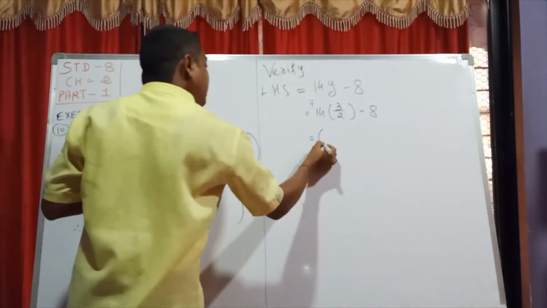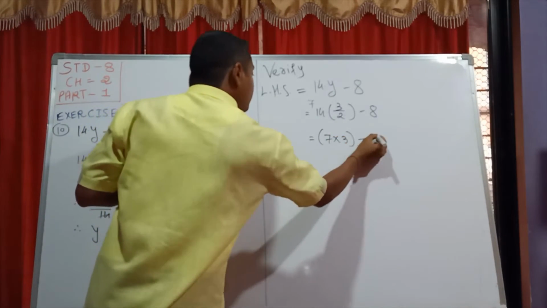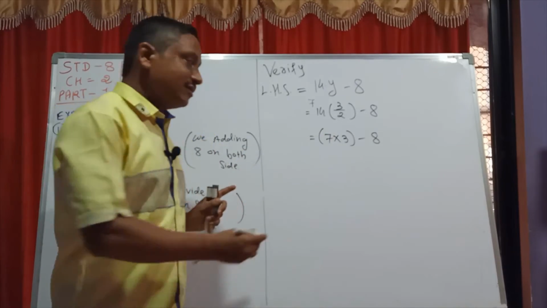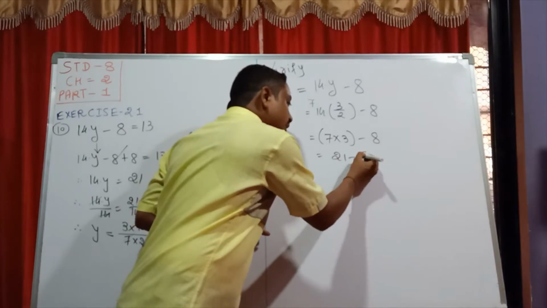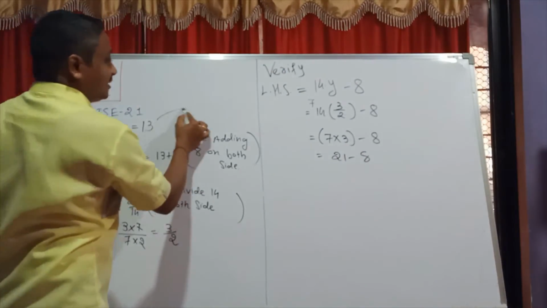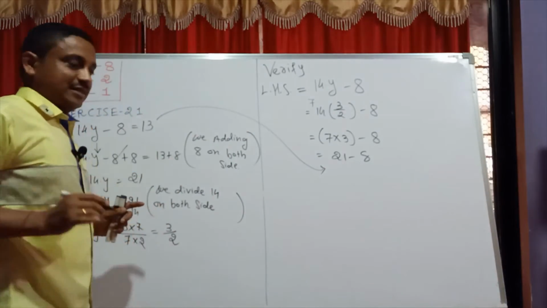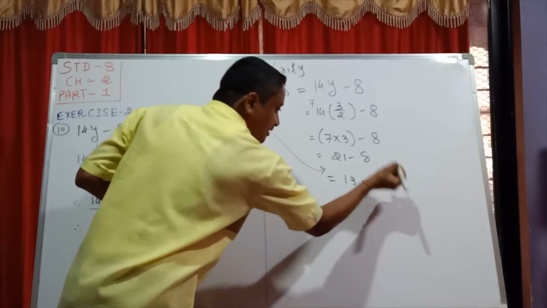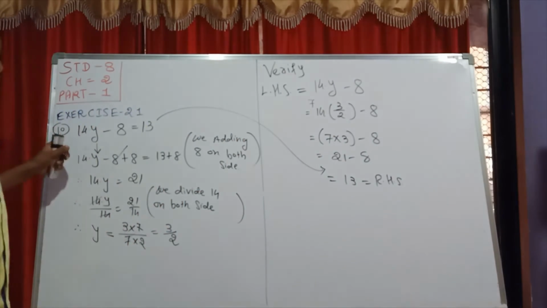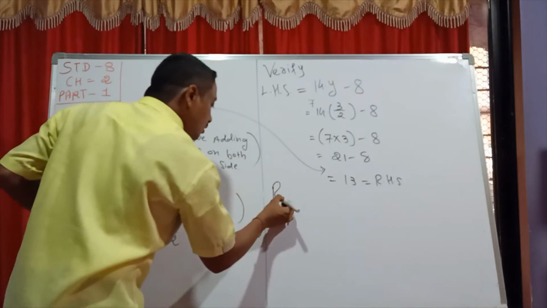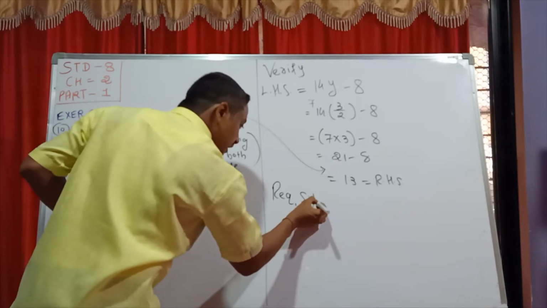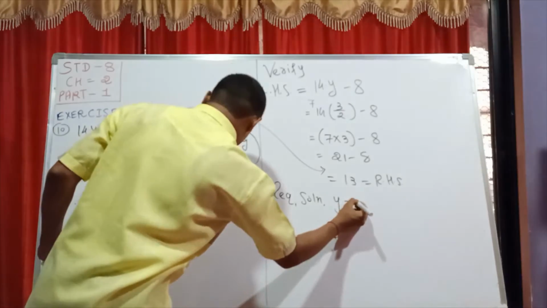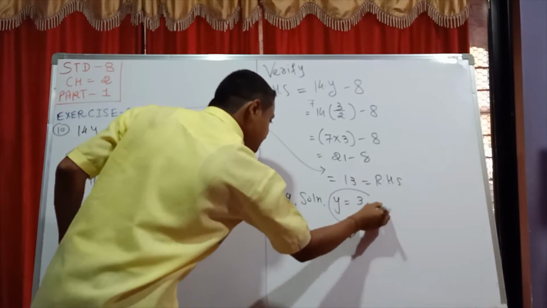You're getting only 7 into 3 minus 8. Now check, students, 7 3s are 21 and 21 minus 8 is surely 13. Yes students, that's your RHS. It means happily this question 10 is also done. So the required solution, I just show this solution is true. y is equal to how much? Yes, it is 3 by 2.